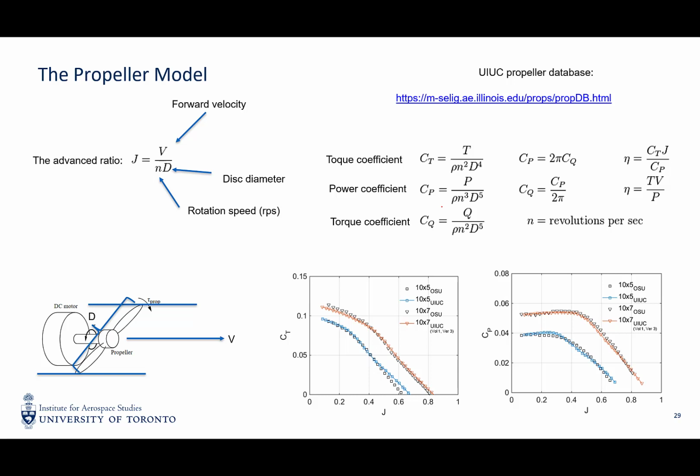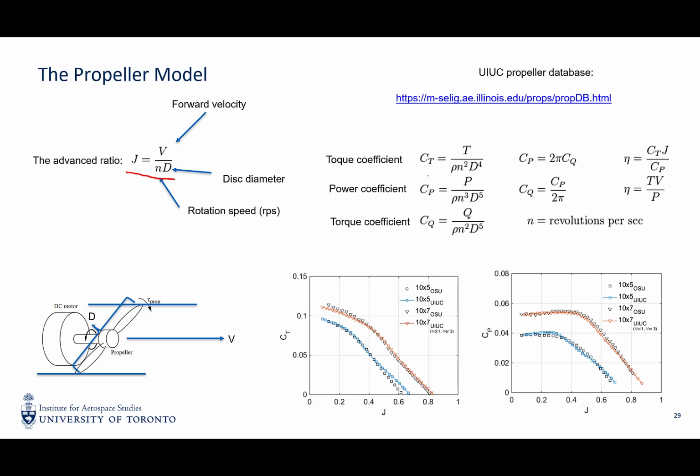So for the propeller thrust model, usually we use the model from the UIUC database. By defining something called the advance ratio, which is the forward velocity divided by the rotation speed and the disc diameter, we use this advance ratio to do the lookup table.